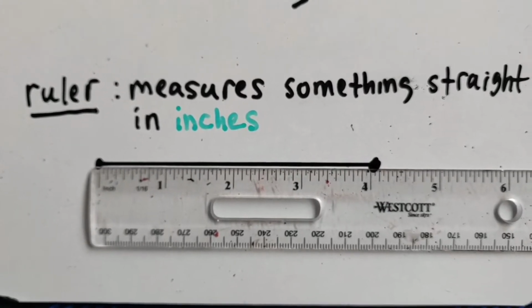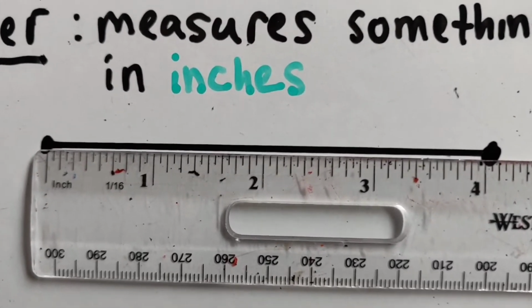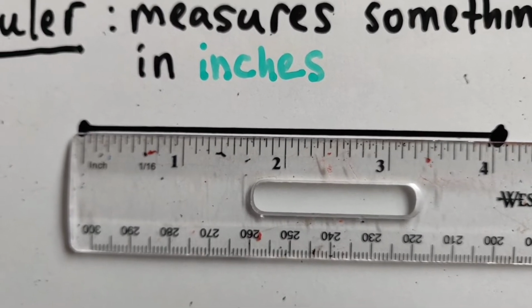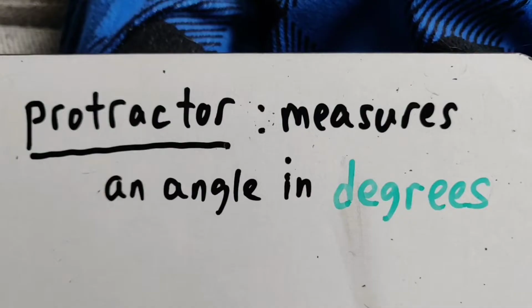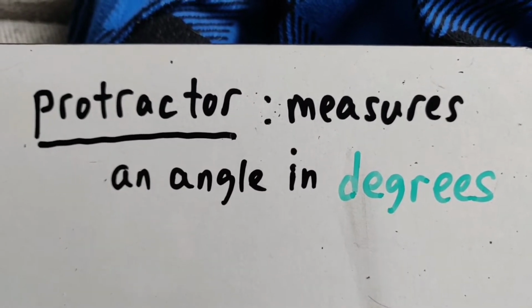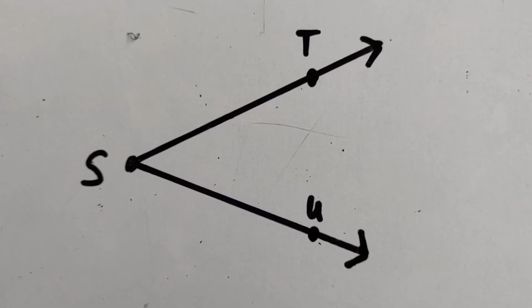Just like a ruler measures something straight in inches, or a scale measures how heavy you are in pounds, a protractor measures an angle in degrees. And we'll see how to do that a little bit later in the video.